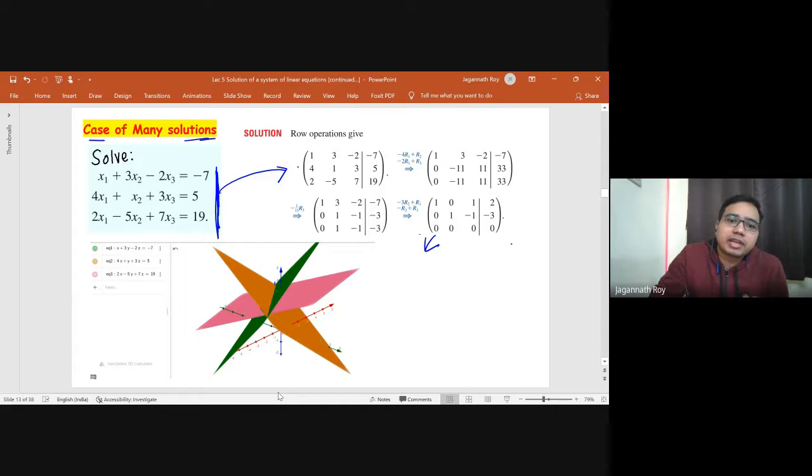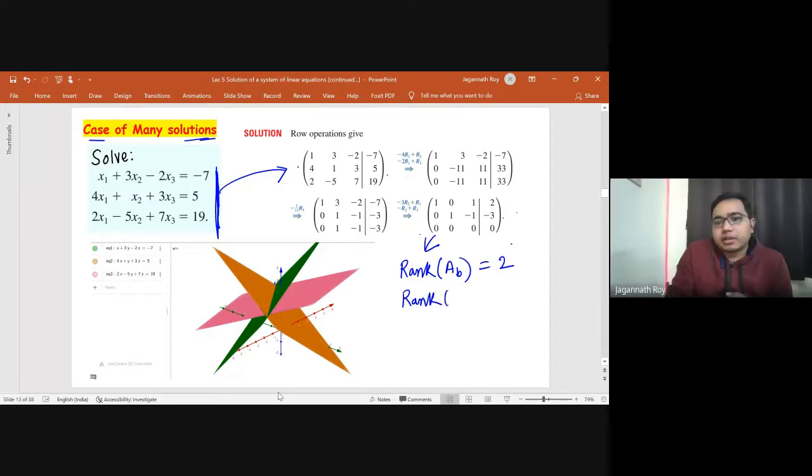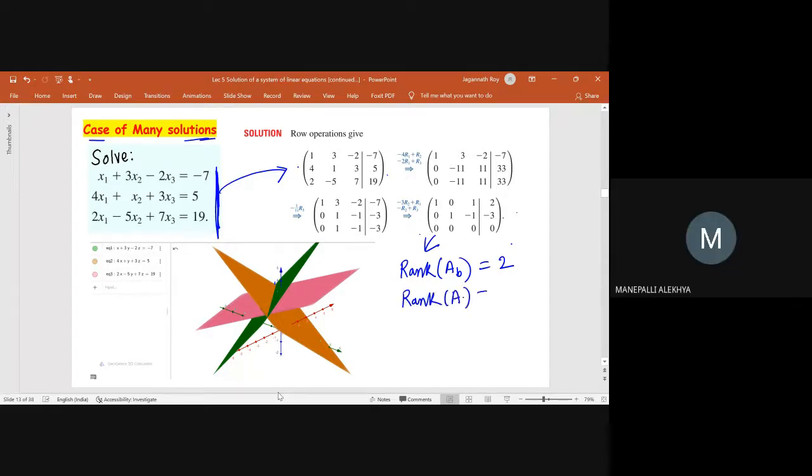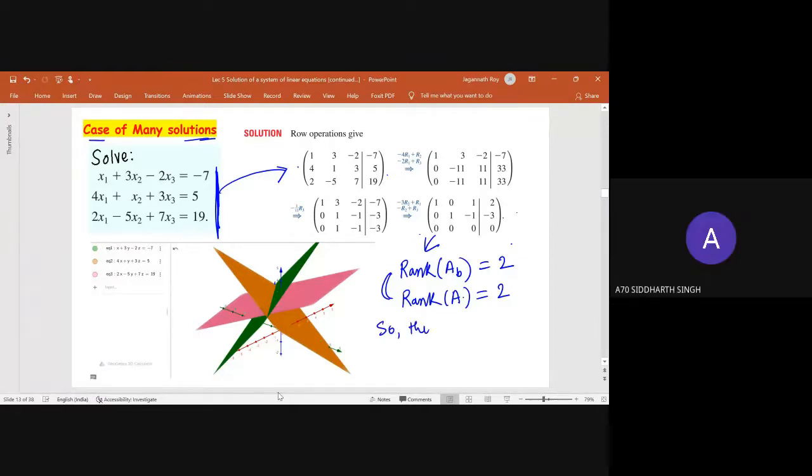We will have a line of intersection. For a unique solution, we have seen there is a point of intersection. So this augmented matrix, what is the rank? It is 2. What is the rank of A? 2. As these two are equal, the system is consistent.